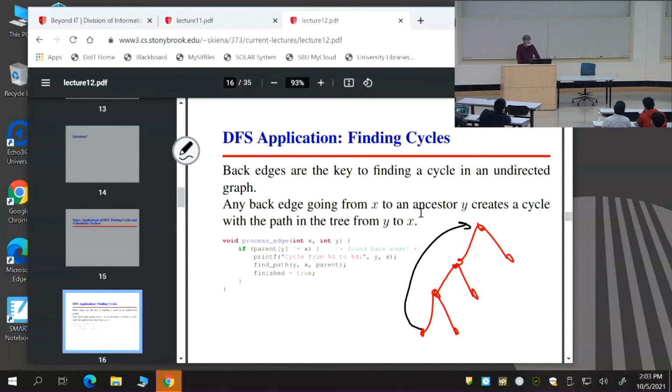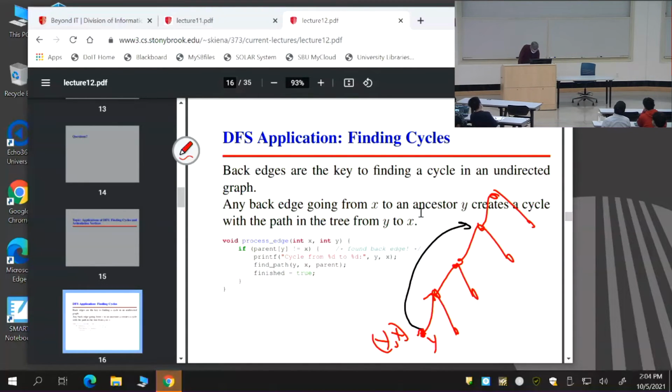How does that tell us whether we have a cycle? If you have a tree of discovery and a back edge, that back edge goes to an ancestor. Let's make the tree a little bit bigger. There is going to be a cycle formed. Say I have a back edge y, x.